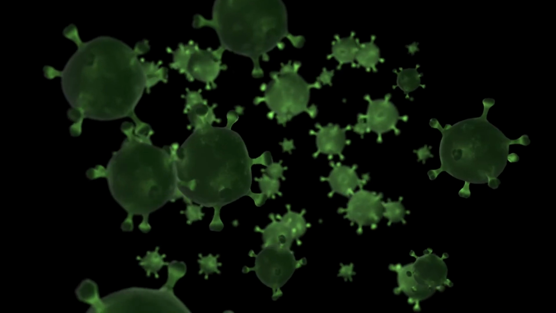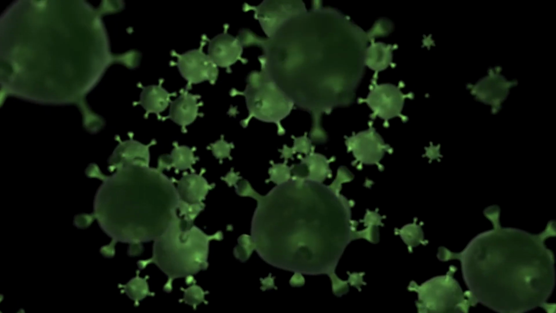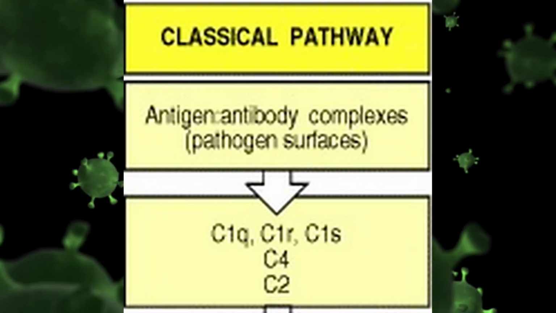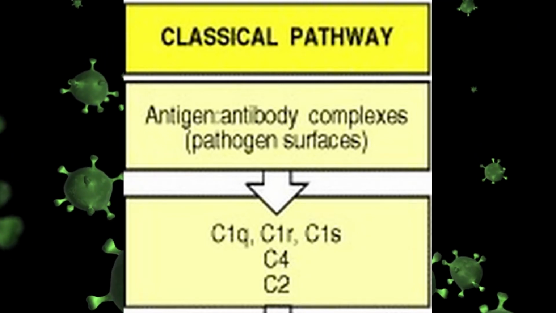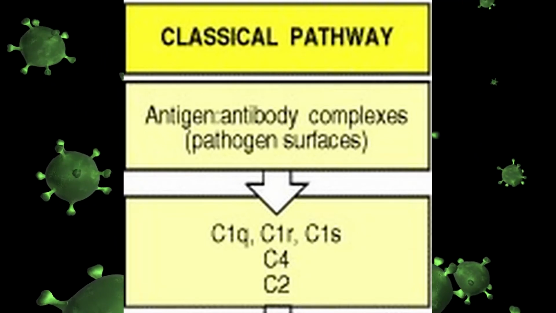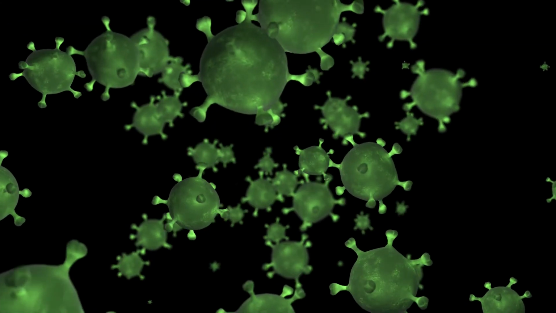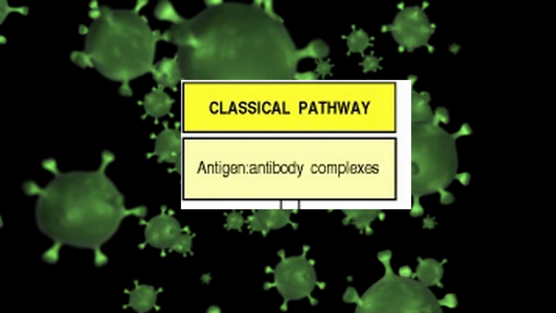The first is considered the classical pathway, and this involves the binding of a particular structure called C1q, the first protein in the cascade. This attaches itself to the pathogen surface, often to an antigen site. This same system can also be turned on by the adaptive immune system.